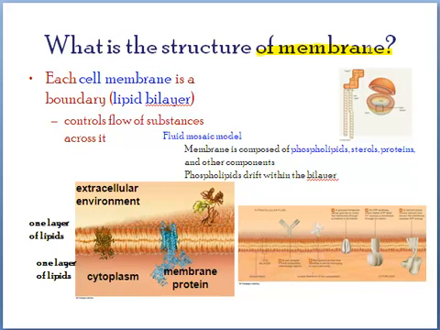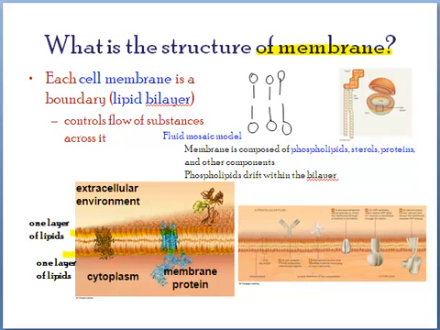Now, each membrane is composed of macromolecules. If you remember earlier when we discussed the lipids, I said the lipids had a head and a tail, that is a non-polar tail and a polar head, and they are organized in this scenario, which is shown in these images that you see over here.